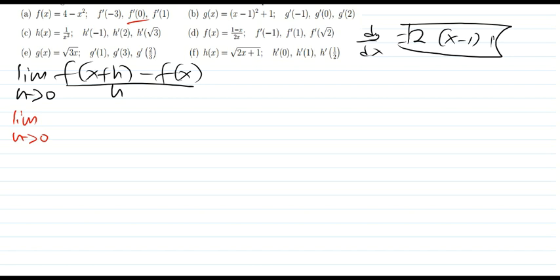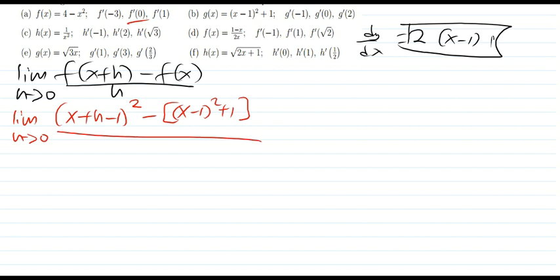So I'll say x plus h, then I have minus 1. So this is squared minus the original function. Now, the original function, everything has to be in the square root, because this negative will affect everything inside. So I divide this by h.